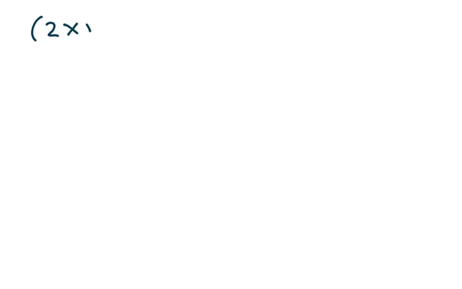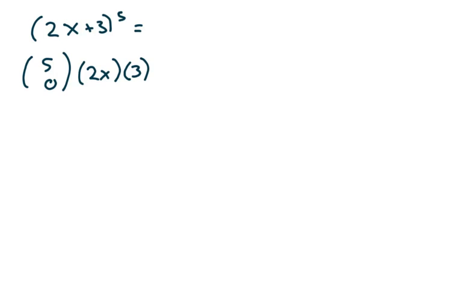We have 2x plus 3 to the fifth. And so I'm going to write it out normally. I'm just going to put the 2x, that's your A. This is your B. It's the plus, so it makes it nice. 5 choose 1, 2x, and 3. Since there's 5, we're going to have 6 terms.